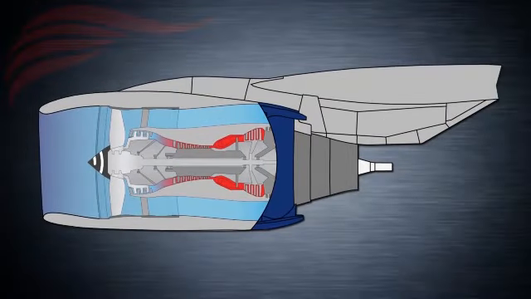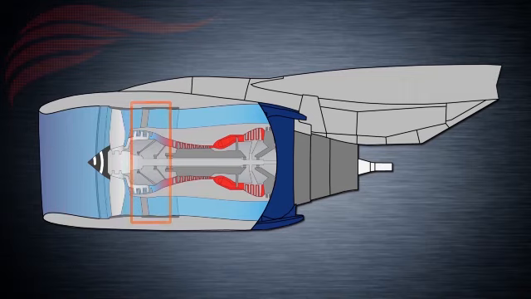To create the required forward-pushing force or thrust, each engine has the following main components: fan, booster or low-pressure compressor, high-pressure compressor, combustion chamber, high-pressure turbine, low-pressure turbine, and exhaust.